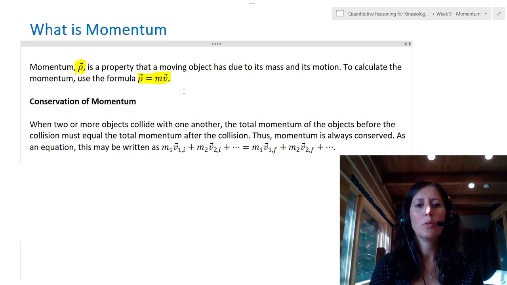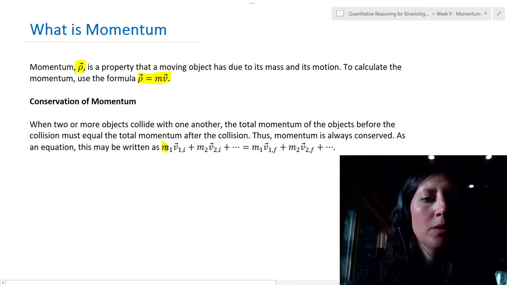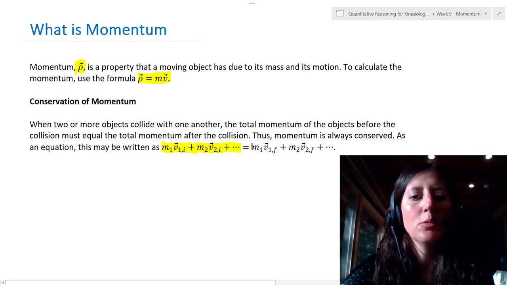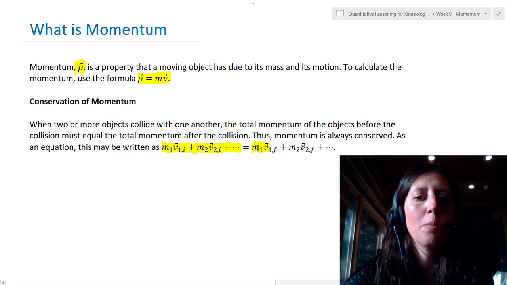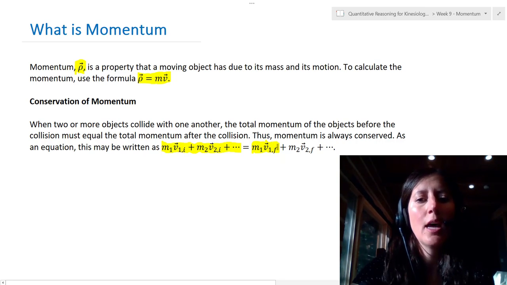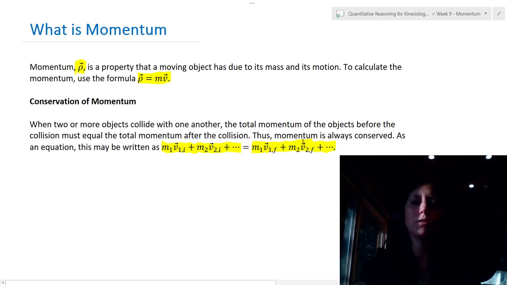So as an equation, we can use this formula here, m1v1, which is the momentum of one object initially before the collision, plus m2v2, which is the momentum of a second object initially before the collision, and you can repeat that for all the objects that you have, is equal to m1v1, so the momentum of the first object again after the collision, so final stands for after the collision, plus m2v2, which would be the momentum after the collision of the second object, and you can repeat that for all the objects that you have involved in that collision.